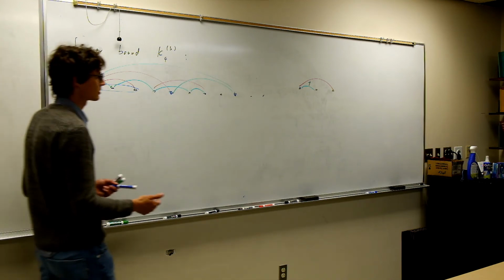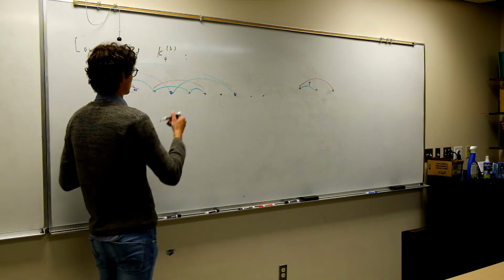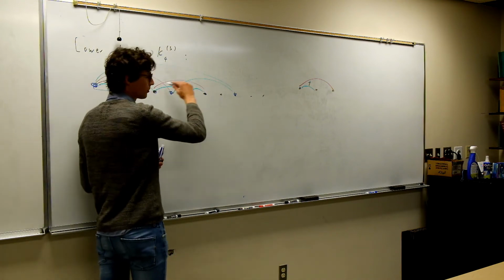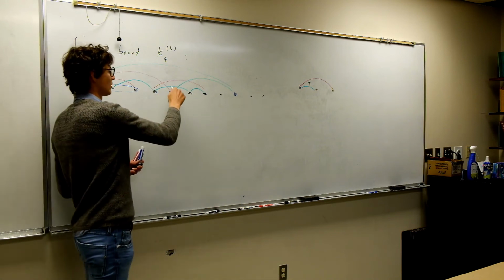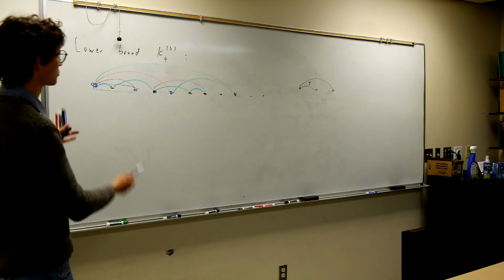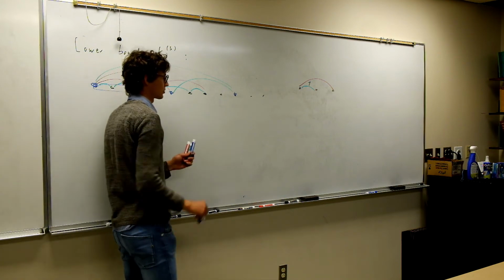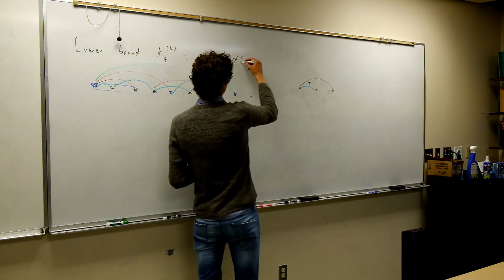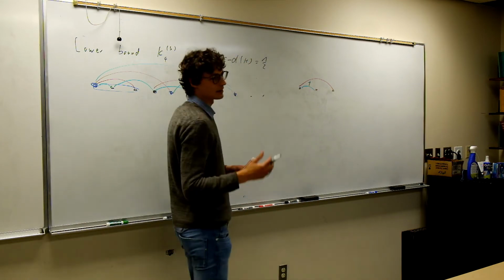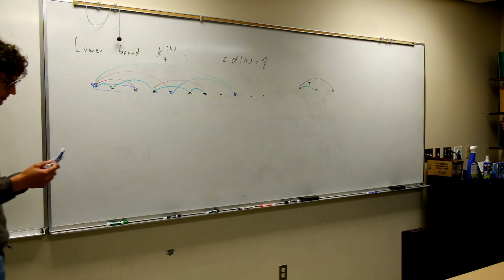So if I choose a triple of vertices, for example this one, and this one, it doesn't matter what's the color of the top edge, but this color defines the color of the left edge. So it's probability 1/2 if I choose green and red at the same time. I don't care about this edge. So the density of this graph is 1/2. And again, by the same arguments, the epsilon density tends to 1/2 too.